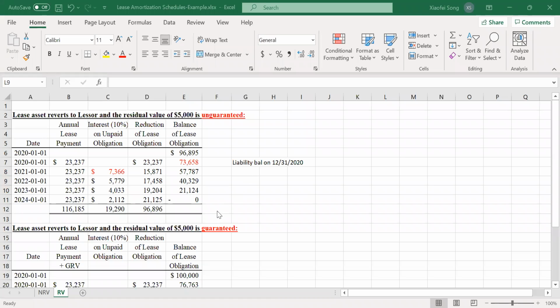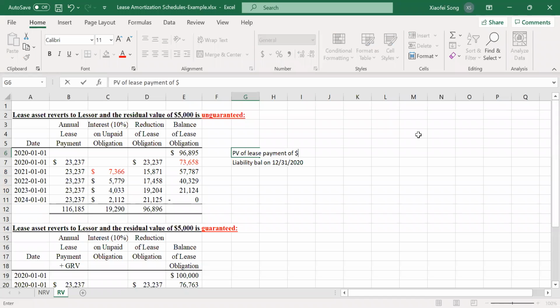Let me just recap that. The first amortization schedule is for the scenario where the residual value is unguaranteed. If the residual value of 5,000 is unguaranteed, the lessee only capitalizes the lease payment. So this amount is the present value of the lease payment of 23,237 only.